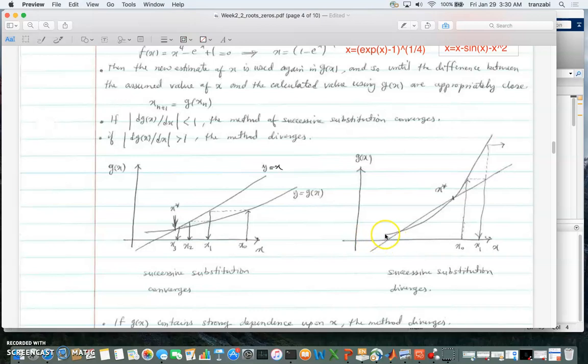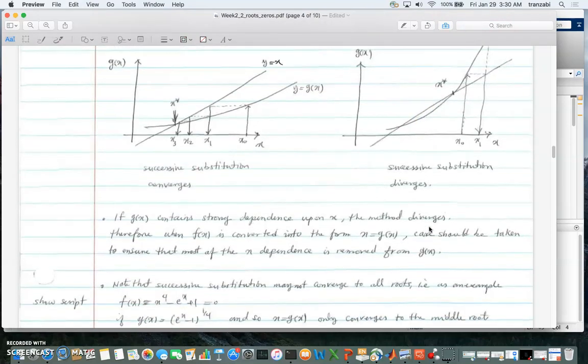So if I continue this and start from a point here, the next cycle I have to go right and then up. So being on the right or left is not the convergence criterion. The convergence criterion is the slope of the tangent at the point that we use as the guess.